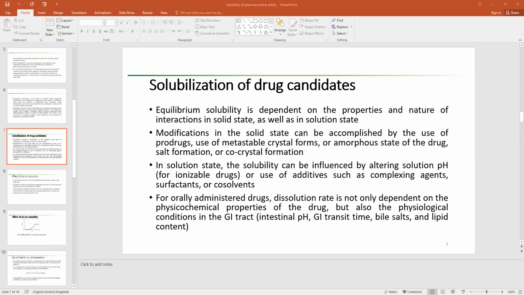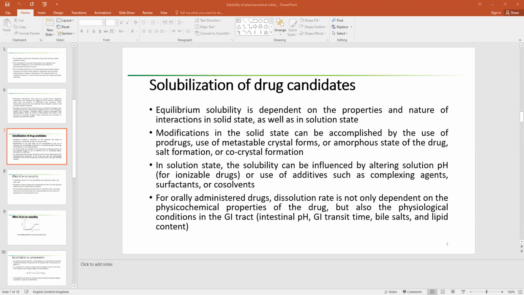So we need to make certain modifications. Sometimes it's related to the drug, sometimes it's related to the environment. For example, the use of prodrugs, metastable crystal forms, amorphous states of drugs, salt formation, co-crystal formation, all of these are techniques that have been verified and used.